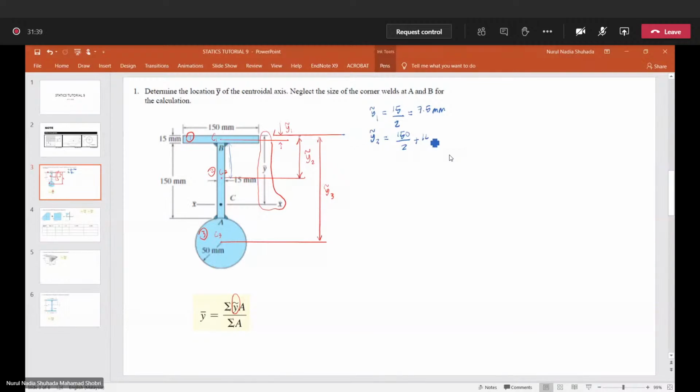Now we find y3. The r here is 50, and then you add the length of segment 2, 150, and then the length of segment 1, 15, and then you will get 215 mm.